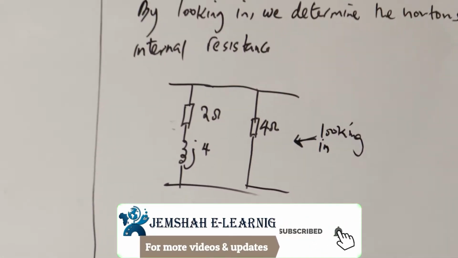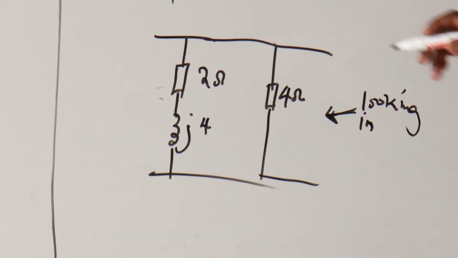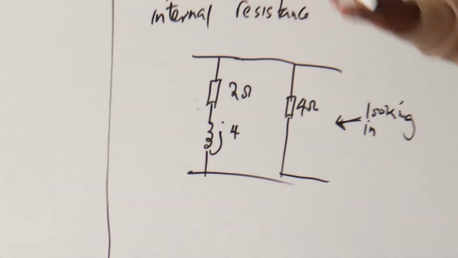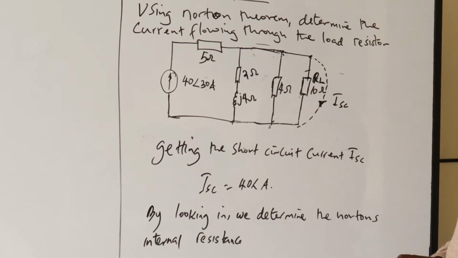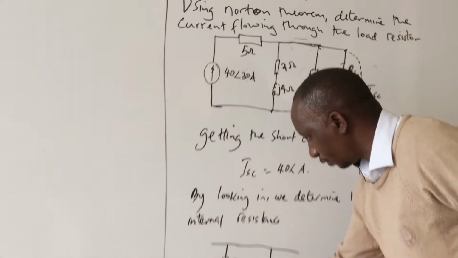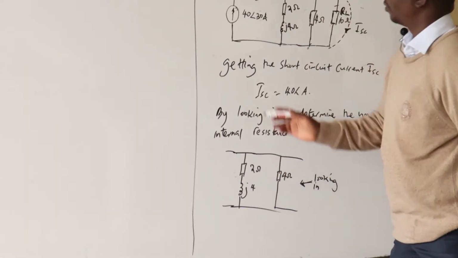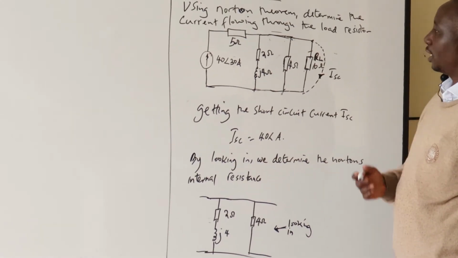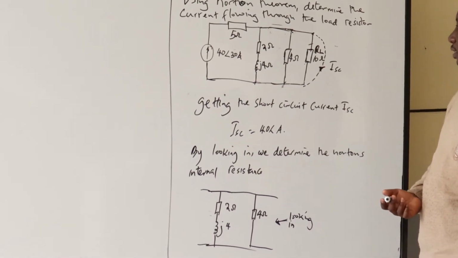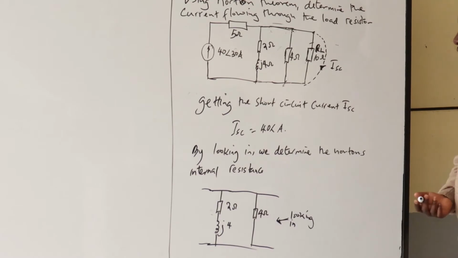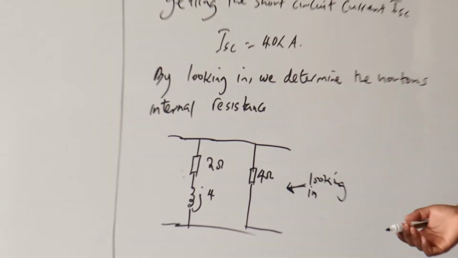The circuit will appear as this. In this case, because there's a current source here, we replace it by an open circuit. Replaced by an open circuit, the conductors hang at this point because there's no continuity of path. We are not going to have that in the analysis of the internal resistance, and by so, then we shall have this.